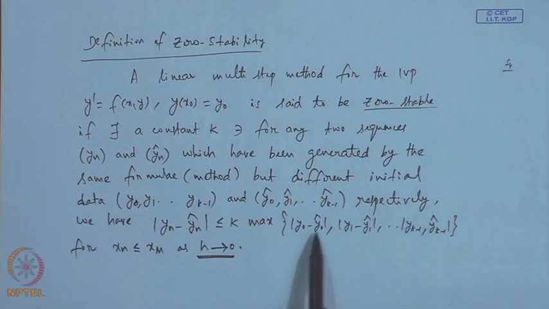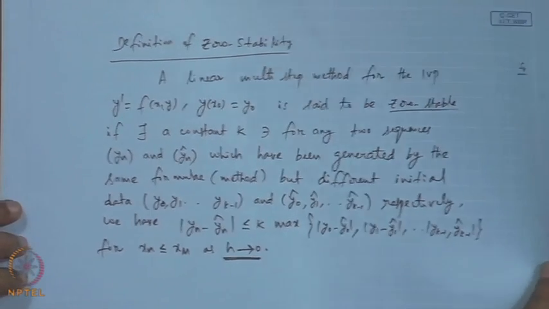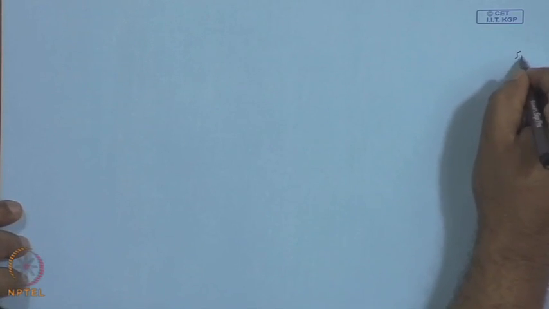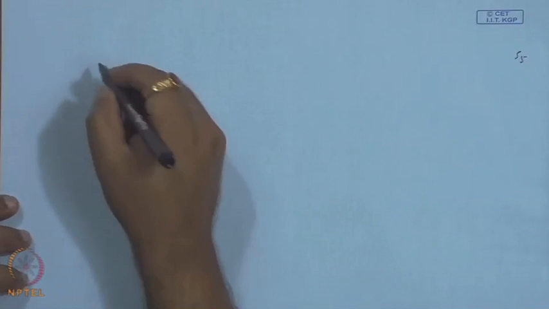At each grid point you take the maximum, and that will be k times that, at the nth stage. So, this is the 0 stability.